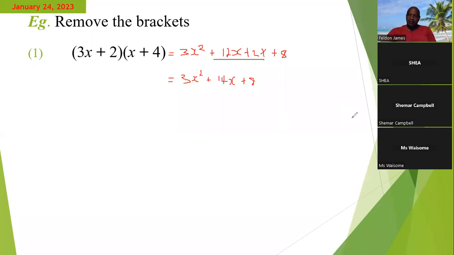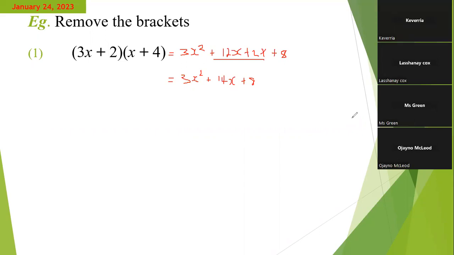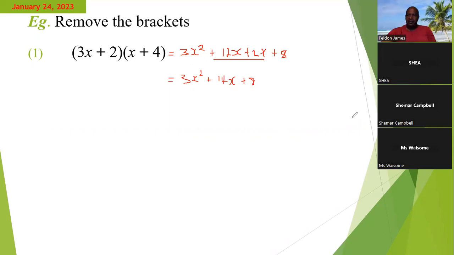Miss Shea, what would you call it? Miss Green, what would you call it? Sir, I don't know if I'm correct, is it about trigonometry? No, we're not really referring to any geometric shape now.